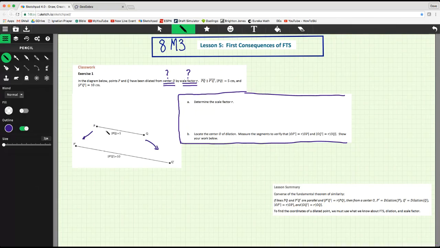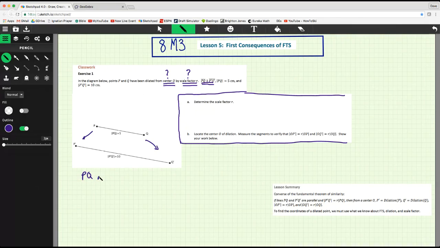Well, you don't need to know that, because the fundamental theorem of similarity already tells you that those lines must be parallel. Because if I dilate P to P prime and Q to Q prime, the line segment PQ and the line segment P prime Q prime must be parallel.